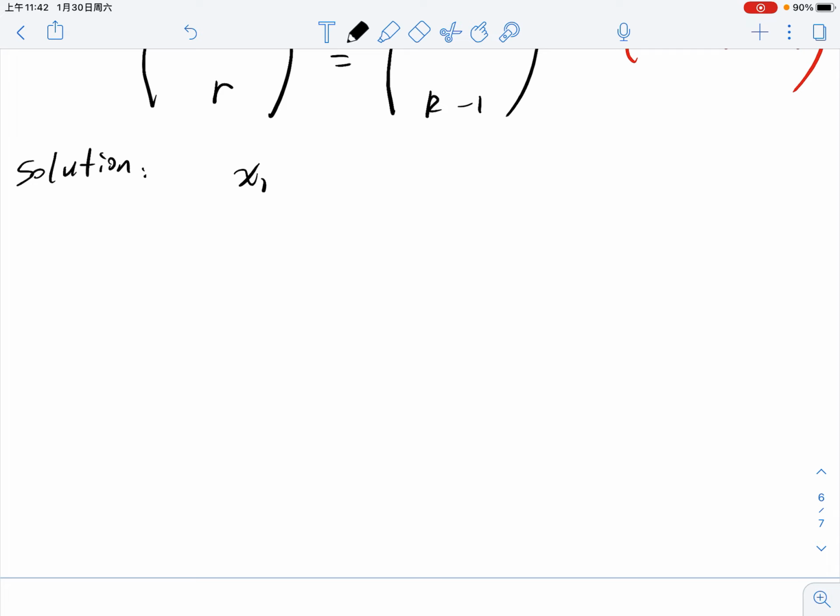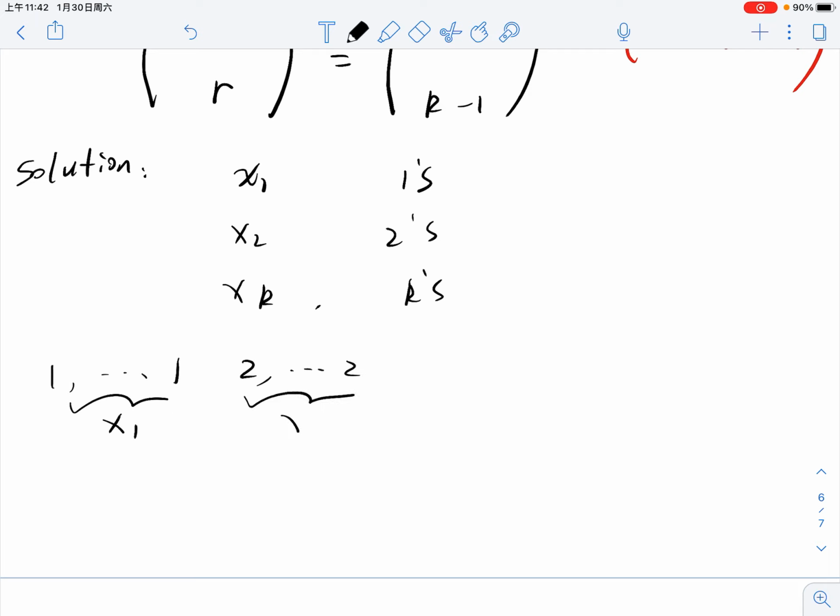suppose you have chosen x1 ones, x2 twos, xk k's. That means you have 1 repeated x1 times, 2 repeated x2 times, k repeated xk times.